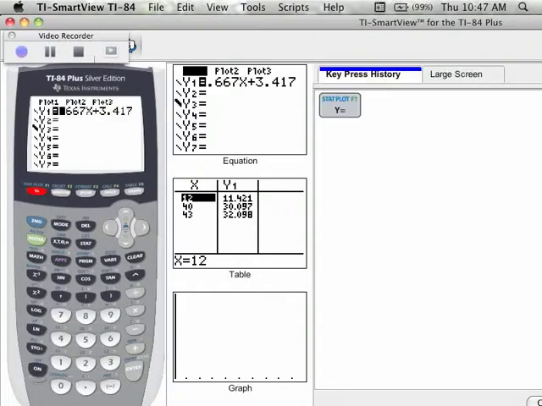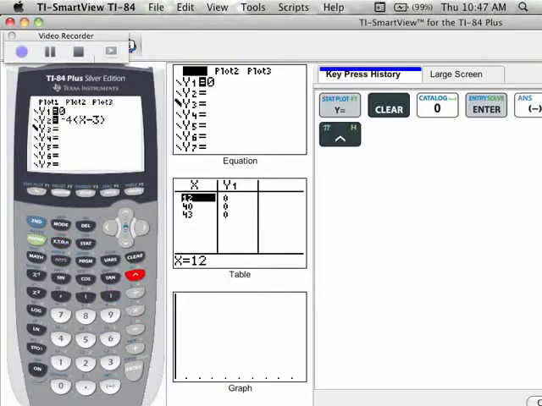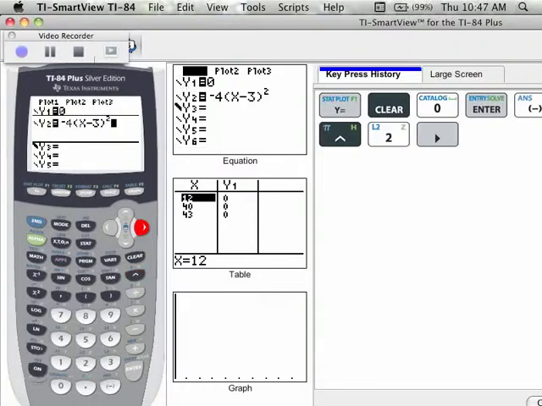So I'm in y equals, that was a 0. And on the other side it was negative 4, parentheses, x minus 3, parentheses, squared, plus 24.